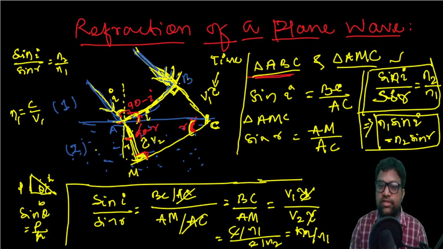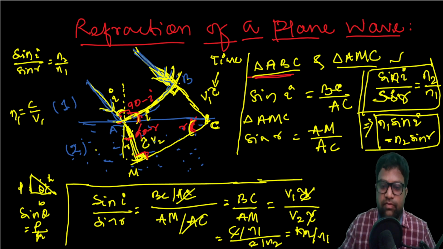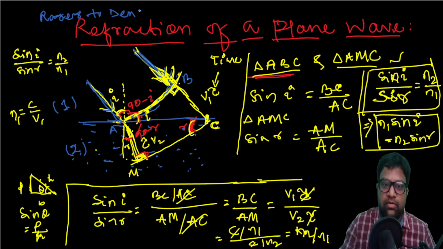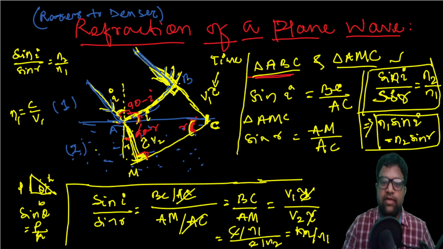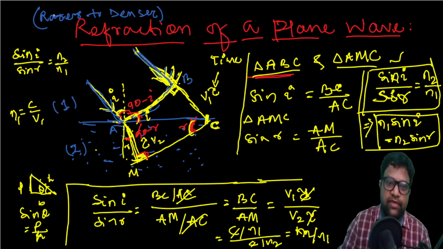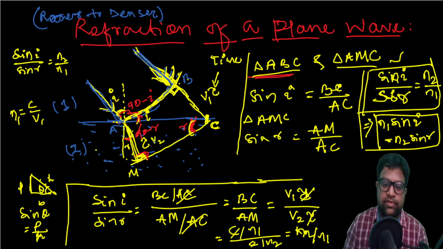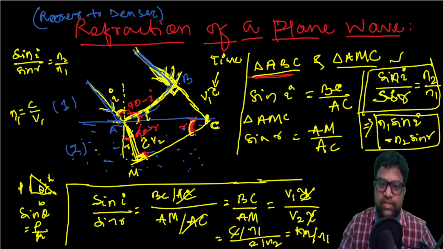Again you remember, this is what we have proved. This is for light traveling from rarer to denser. If it is from denser to rarer, similar procedure, the diagram will be a little bit different if you look carefully, because it is traveling in rarer medium.